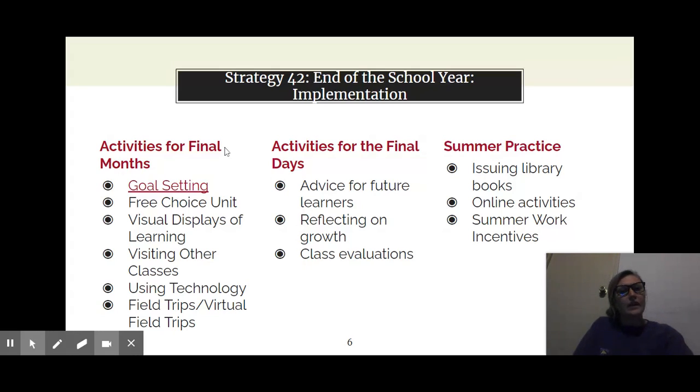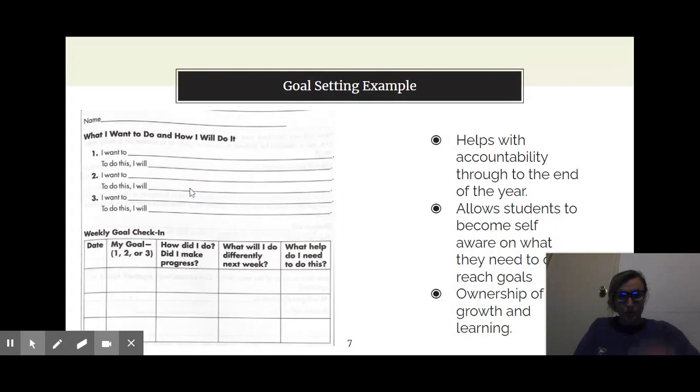Here is an example handout you can use in your classroom to include this goal setting to finish strong activity. This goal setting sheet explores three things that the student wants to do, and then it encourages the student to create one action step as to how they will reach that goal.